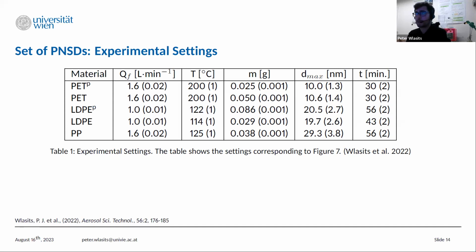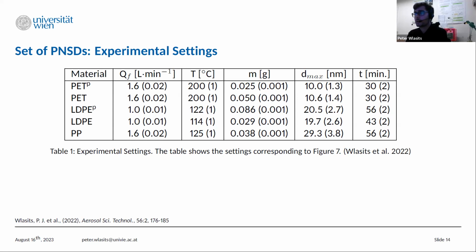Then I also put the masses, which is not so important now, but as you can infer, we used 1, 2, or 3 pellets, and depending on the material, the pellets had different masses. Then you can see the diameters that correspond to the maxima of the distributions.